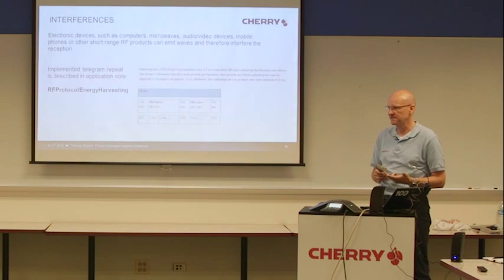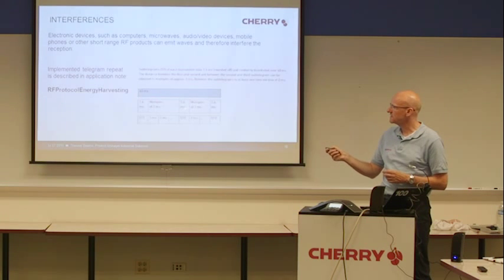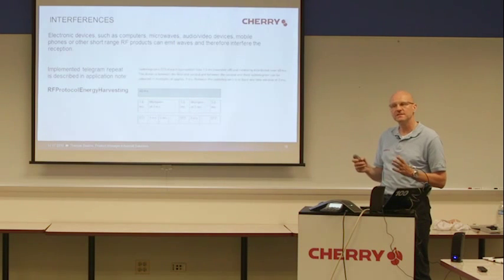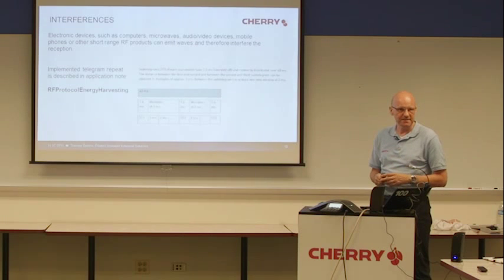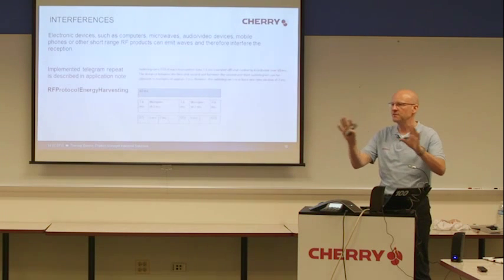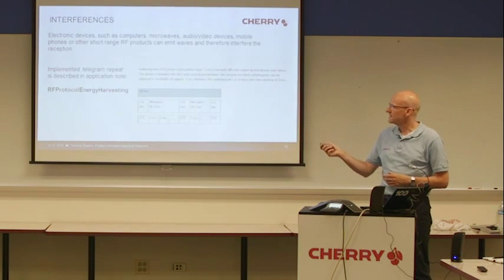The time between the subtelegrams is not equal. It's random, a random time slot between the first and the second and between the second and the third. This should ensure, when you install several senders in one surrounding, that the receiver always gets at minimum one subtelegram from one sender.